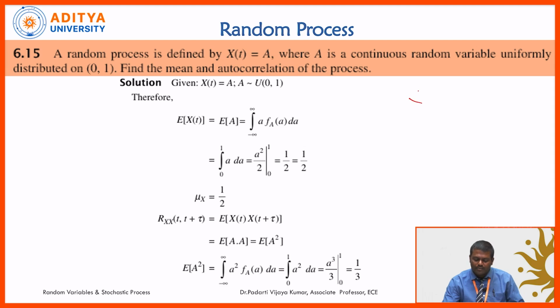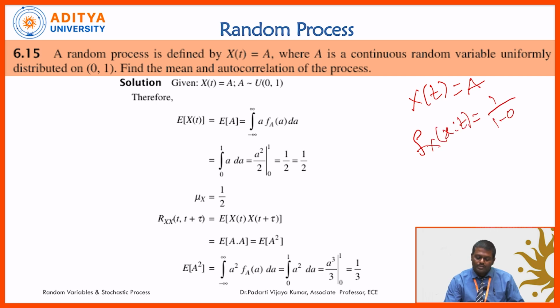The random process is given as x of t is equal to A. Given it is a uniform density function ranging over 0 to 1, 0 less than A less than 1. So clearly the uniform density function is 1 by 1 minus 0, which is nothing but 1.